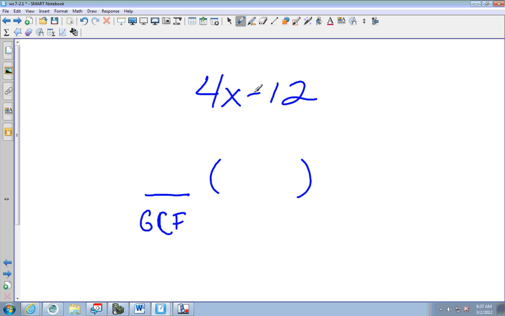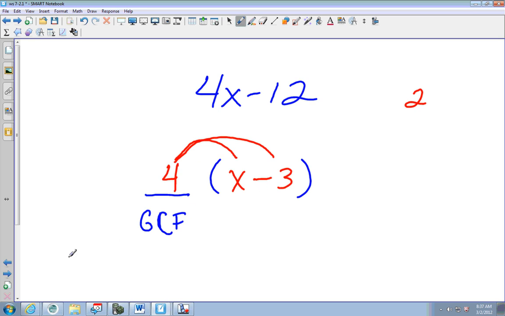A 2 is a factor. 2 goes into 4 and 2 goes into 12. But isn't there a bigger number? 4. I need the greatest common factor. So 4 goes into both of them. 4 times what gives me 4x? X. 4 times what gives me negative 12? Negative 3. Wait, we just factored.